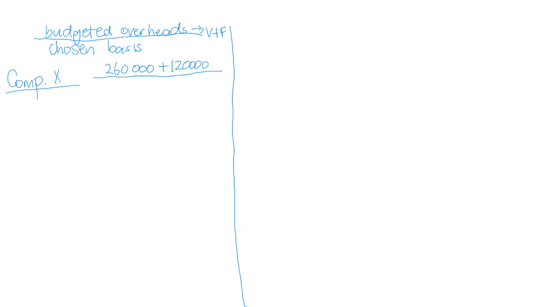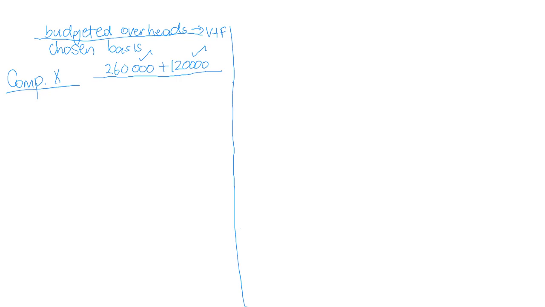You must show individually that you sum these up, because there would be a mark allocated to this, there would be a mark allocated to that. So please show it, don't just write down the total. And then you have in your denominator whatever the chosen basis was. So for company X, your chosen basis, they said to you just below the actual results table, what was the basis for your overhead rates or your application allocation rates for company X?